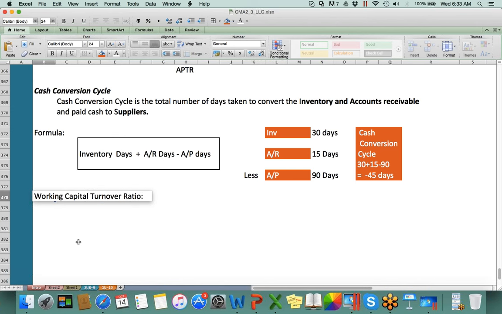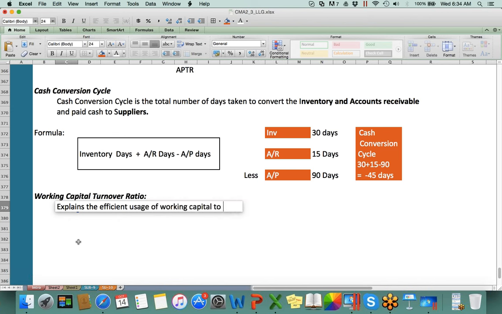Working capital turnover ratio explains the efficient usage of working capital to make sales. Higher the ratio, higher the efficiency.